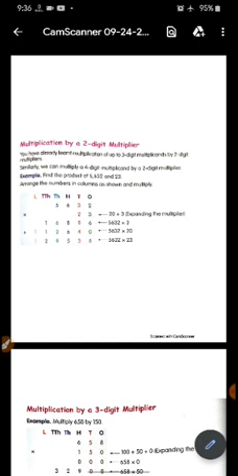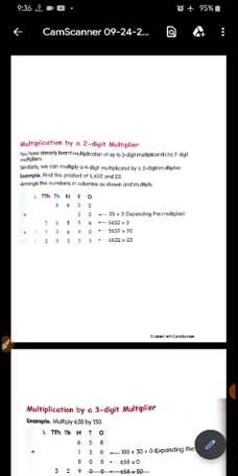Example, find the product of 5632 by 23. So here the multiplicand is 5632 and the multiplier is 23. Arrange the numbers in columns as shown and multiply.